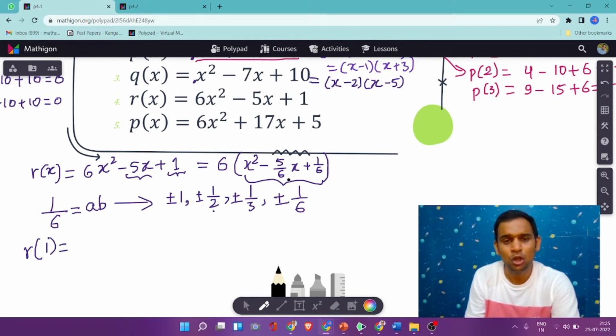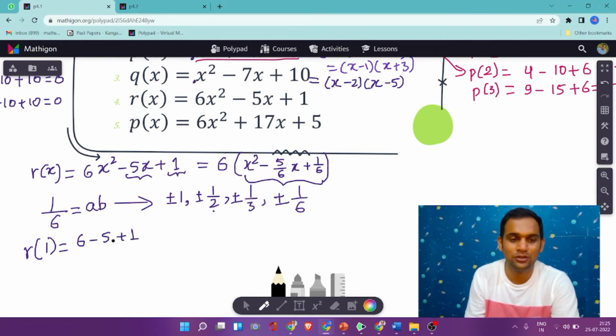So now let's begin to find the values of r of plus 1. Over here, it's enough if you find only the value of the polynomial in the bracket. Otherwise, you can also find the value of the full polynomial, because both are nothing but the same polynomial, right? It does not matter. This one does not have a fraction, so I'll choose this one. So 6 times 1 square minus 5 plus 1.